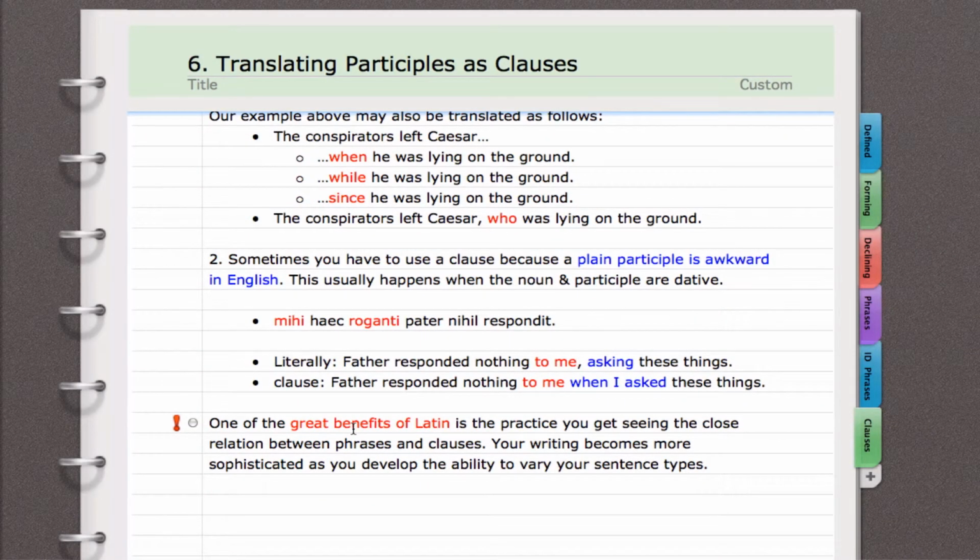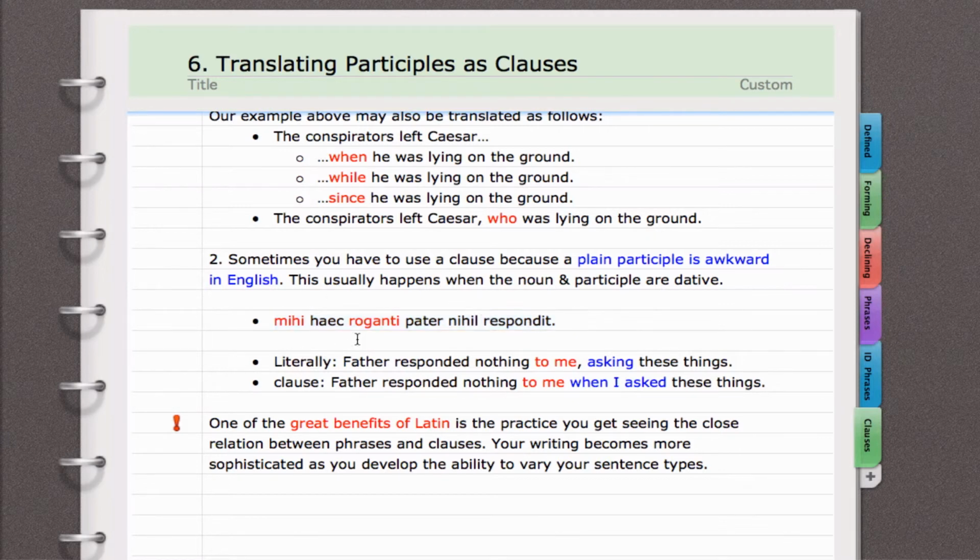Sometimes it really makes more sense to use a clause than a plain participle, because the plain participle is kind of awkward in English. And it often happens when the noun and participle are dative. So this is an example that's in our Oxford book: "Mihi haec roganti pater nihil respondit."